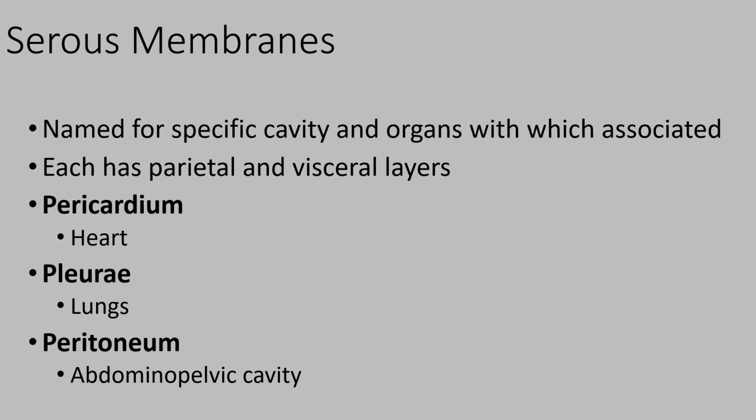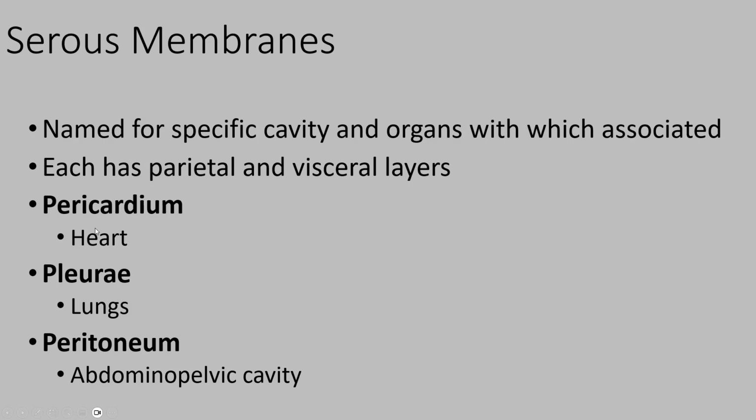So if we look at the cavity where the heart is, remember that was the pericardial cavity, and we just said that it is surrounded by a two-layer membrane, a serous membrane, we can be specific with the name of it. That membrane is called the pericardium, and the pericardium has two layers, an outer parietal pericardium and an inner visceral pericardium.